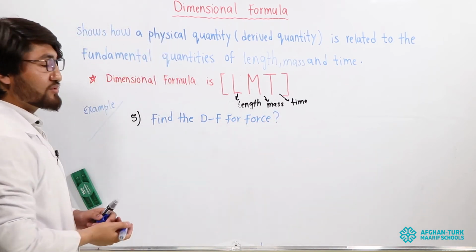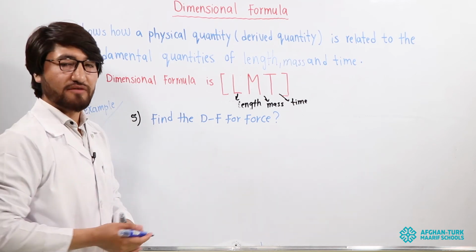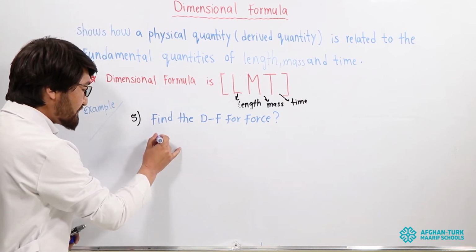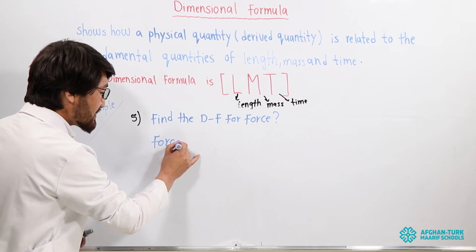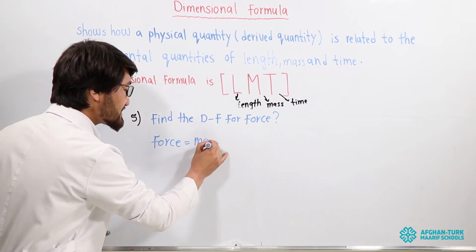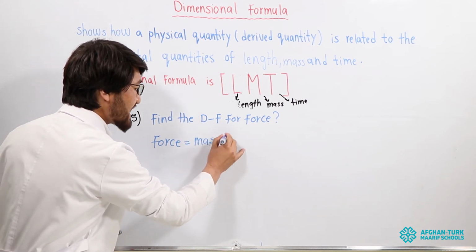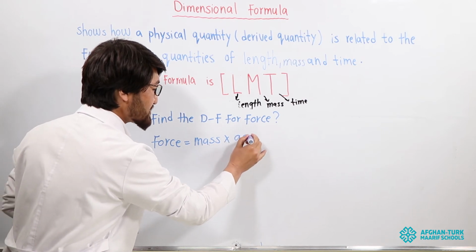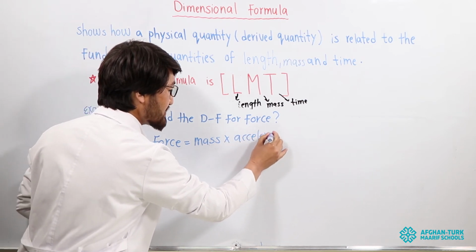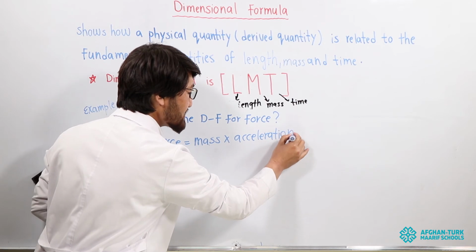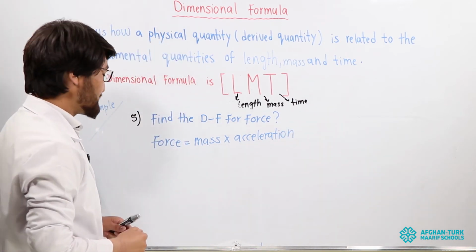First of all, we should know the definition of force. What is force? Force is equal to mass times acceleration. Do you know acceleration, my students? I told you before.